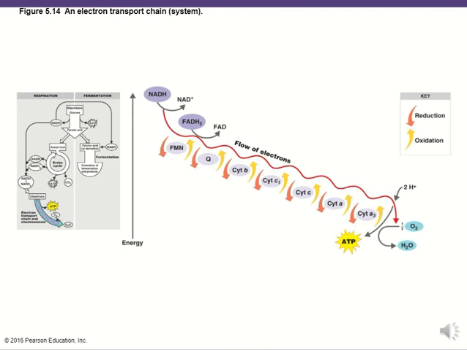And this is essentially the very eloquent process where an electron flows from one molecule to the next, allowing energy to transfer and form ATP, where the final acceptor of that electron is going to be oxygen, which is combined with two hydrogen protons to form water.